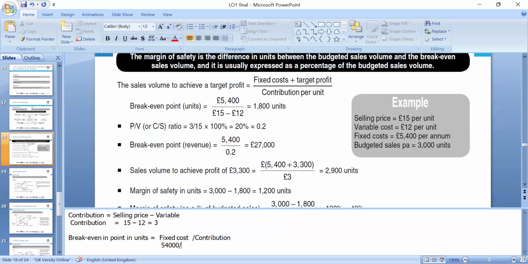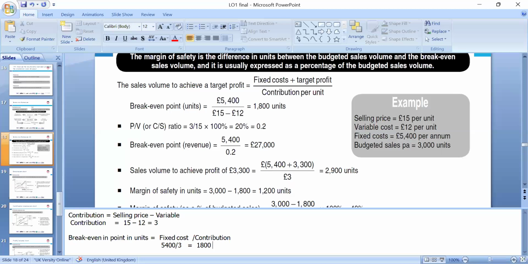The 3 came from the contribution formula. Let me work it out. 5,400 divided by 3 is 1,800.